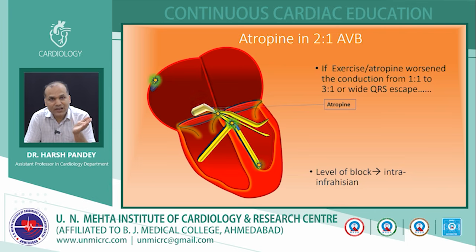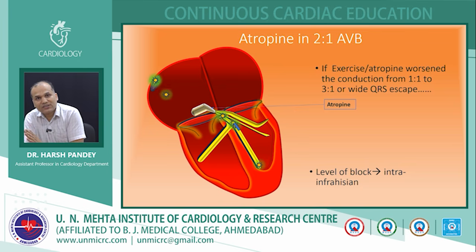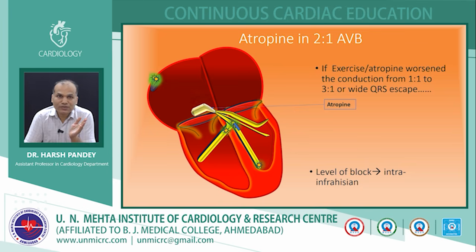The fewer impulses travel to the His Purkinje system, the more it will recover from the refractoriness, and the conduction may improve also. So in case of infrahisian AV delay, if you do carotid sinus massage and the conduction improves from 3:1 to 2:1, from 2:1 to 1:1, it likely suggests that the patient may have infrahisian level of AV delay. So sympathetic stimulation may worsen the infrahisian conduction delay, and parasympathetic stimulation may improve the infrahisian level of AV delay.